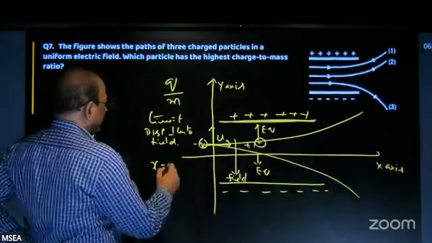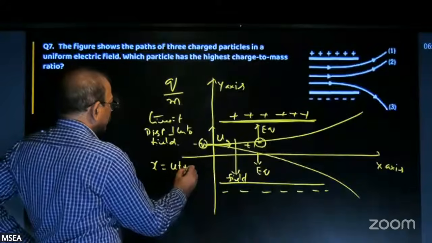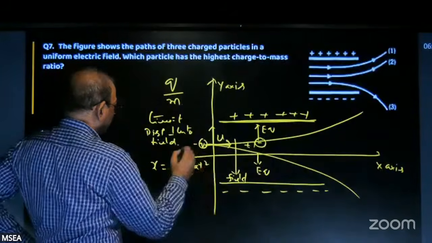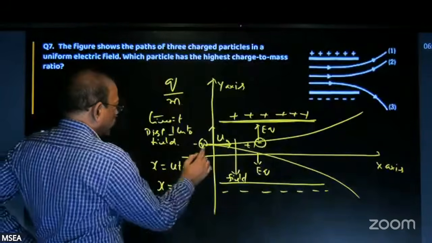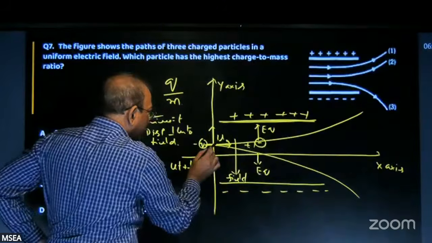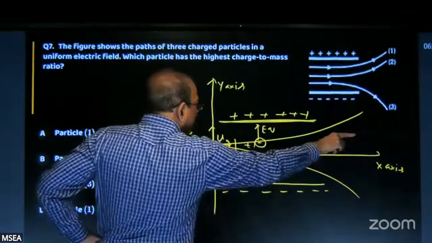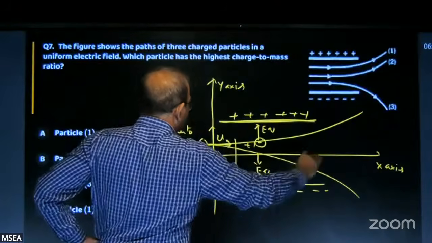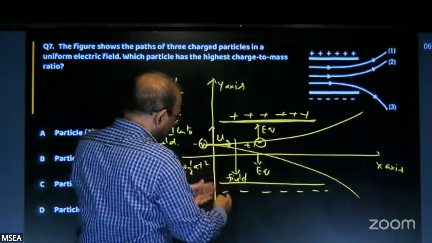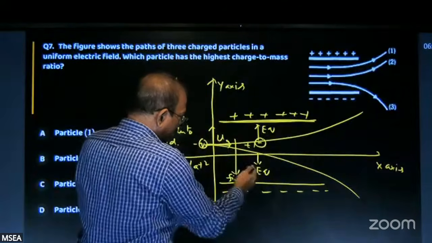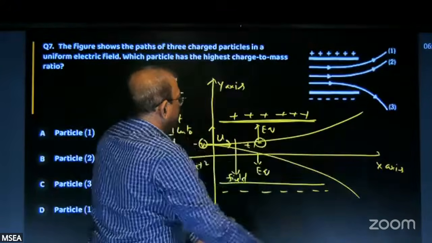Take it as some x, the displacement, ut plus half at square, you apply. X equals, along x-axis only, it has initial velocity u, so you get ut. Along x-axis, there is no force here. Electrical force is acting along the field direction, this EQ. There is no force along x-axis.